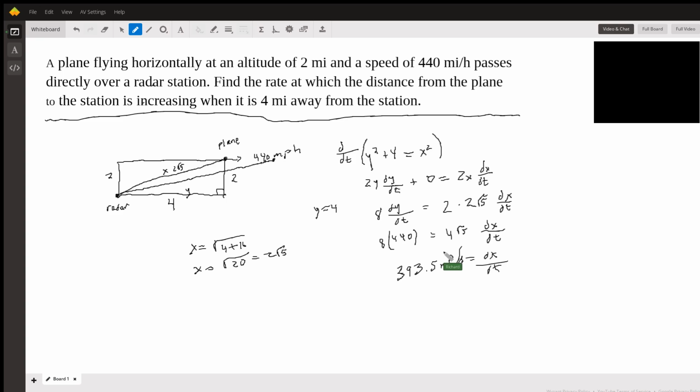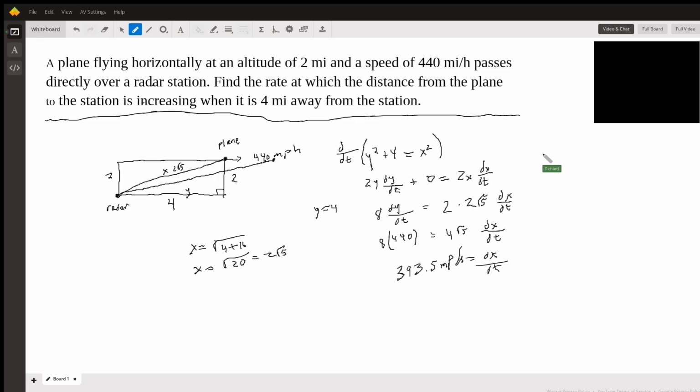Okay, so it's really just a matter of setting it up using the Pythagorean theorem. Of course you have to know how to differentiate, but then you have to figure out what these things are, and plug them into the right places, and then basically you're done. It's really not as hard as it might seem.